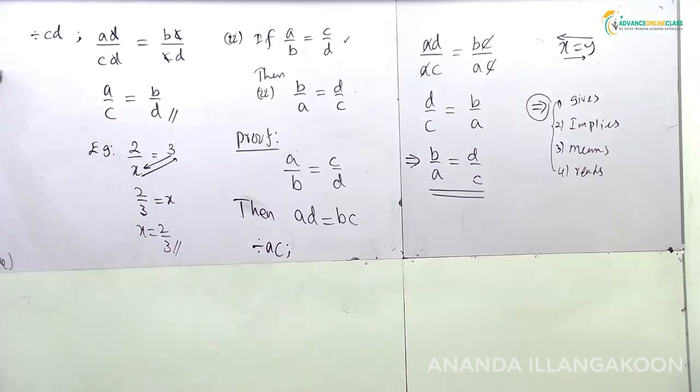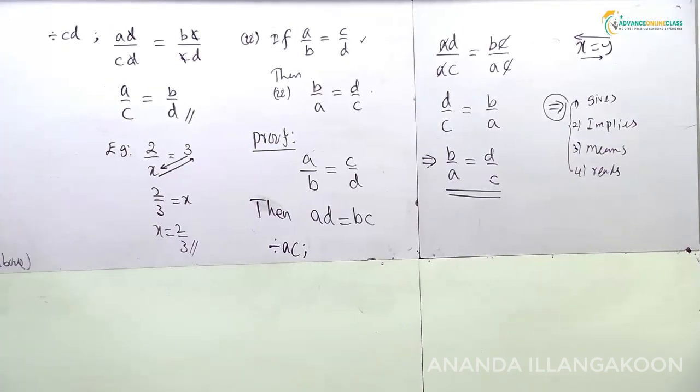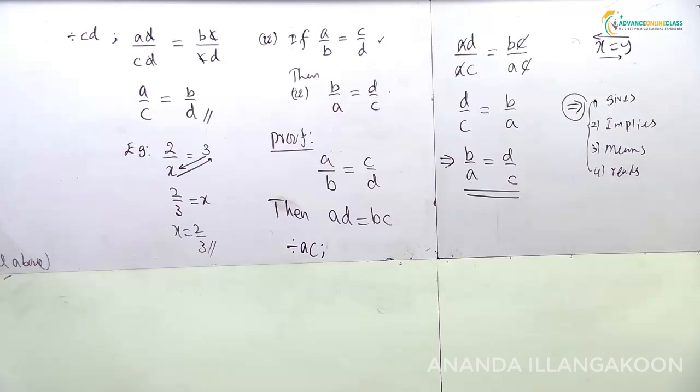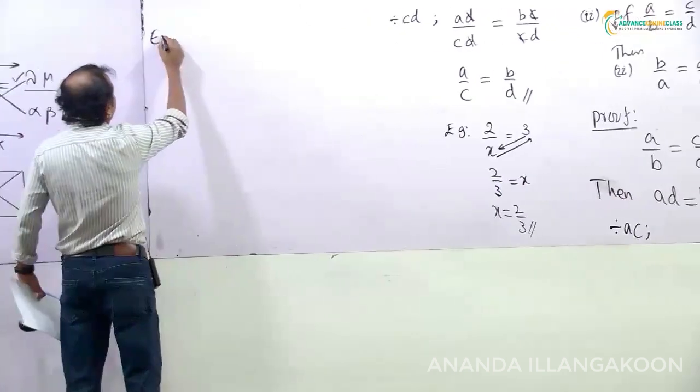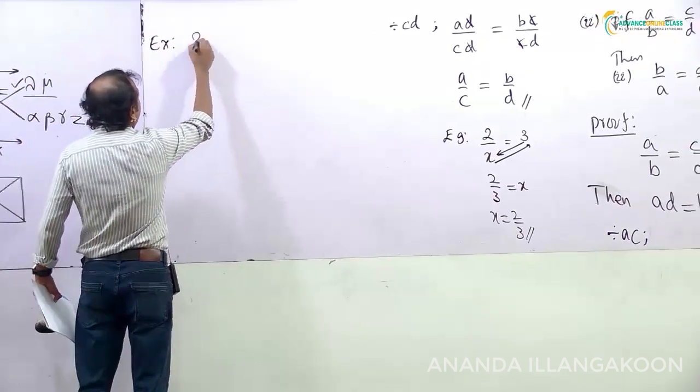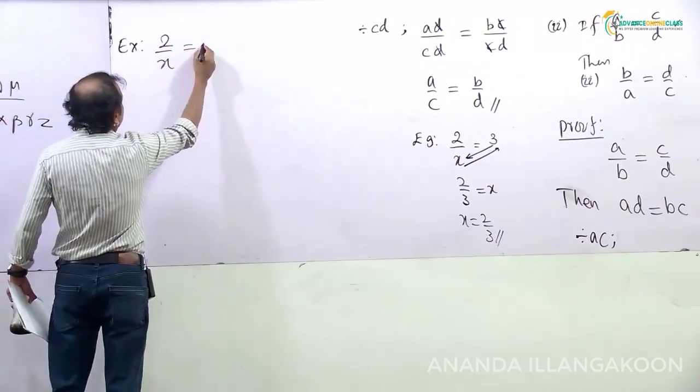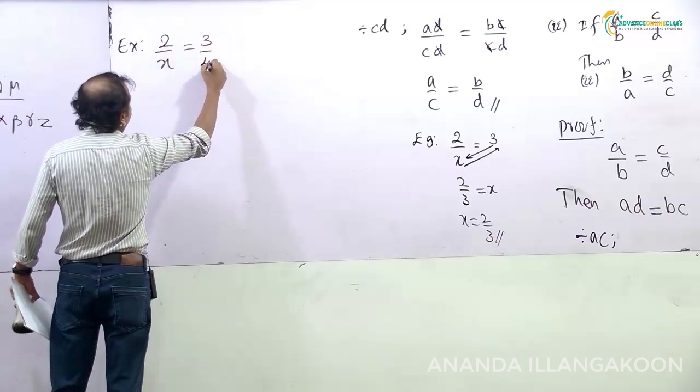If I take that property also into account, we can then write. Now suppose we have 2 upon x equals 3 over 4.